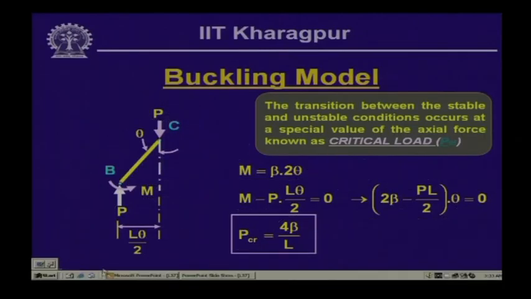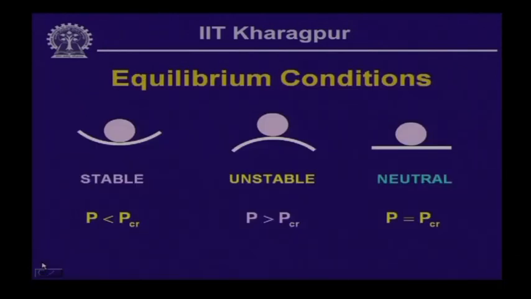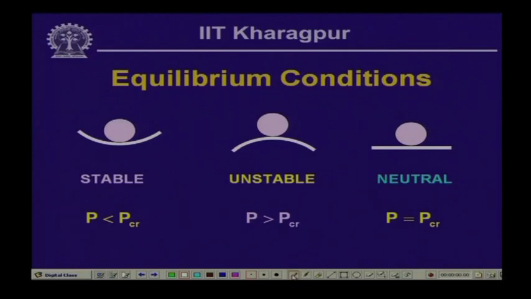Now, what we need to look into is a different state which we can compare with this situation. If a ball is placed in a member which is upwardly concave, wherever the position of this ball, it will come back to its lowest position, and thereby this is a stable form, and you can plot it with respect to load versus theta.